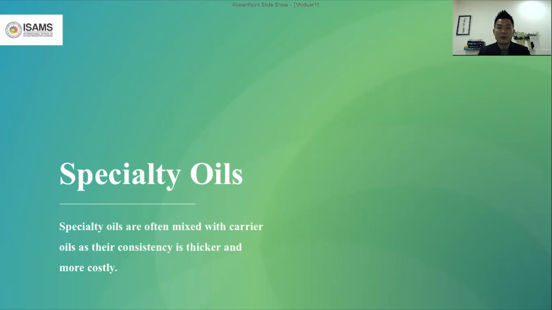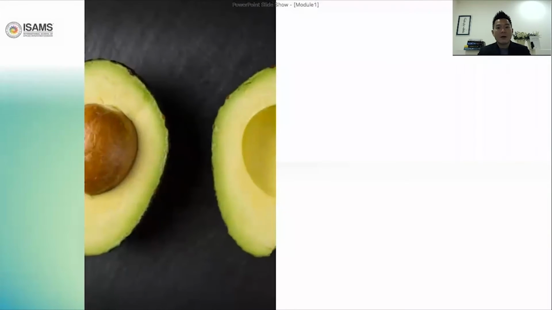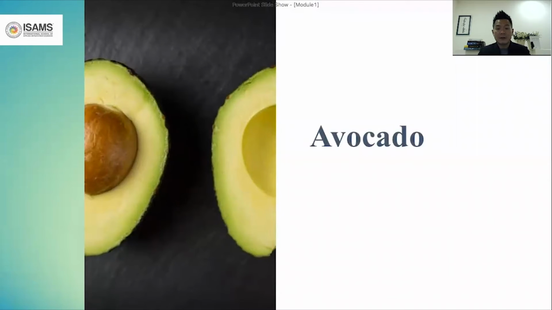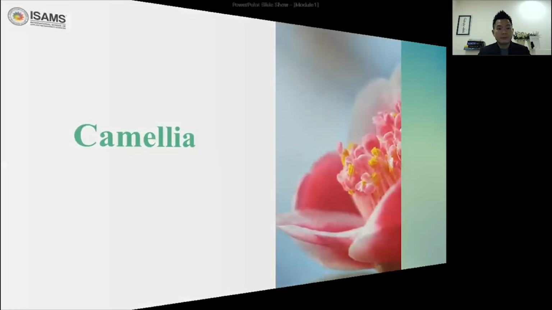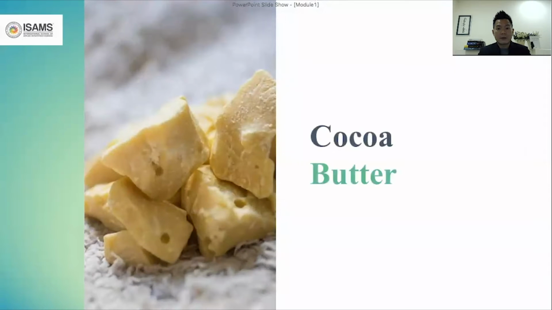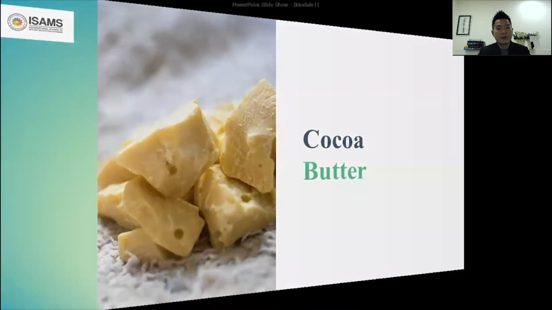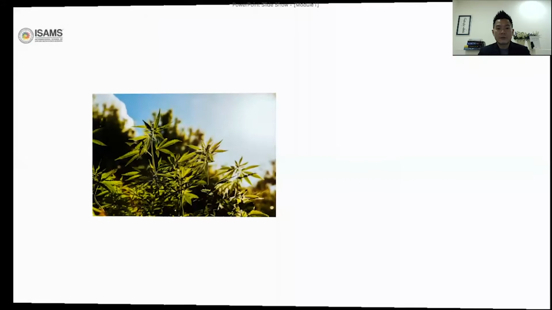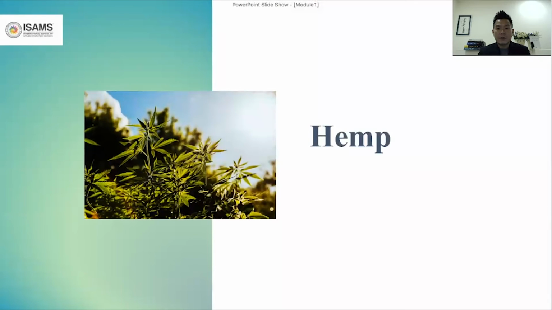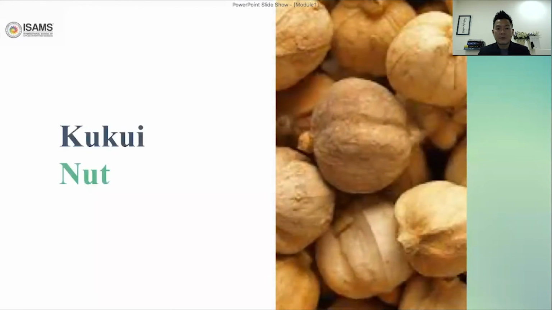Again, you need to consider the person's skin type and their health conditions and the situation in order to select them. Avocado oil is one of them, and camellia oil, cocoa butter, evening primrose oil, hemp oil, coconut nuts.